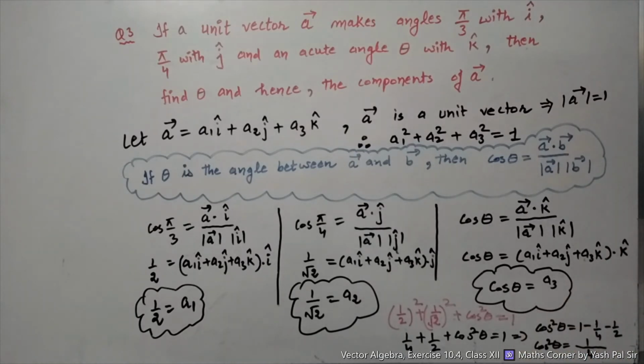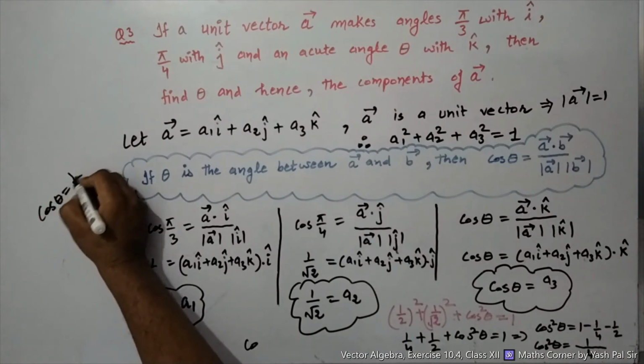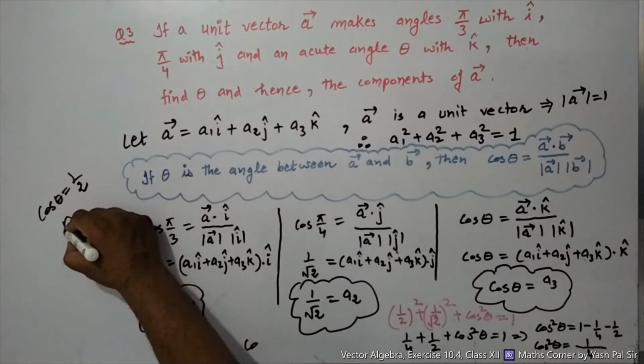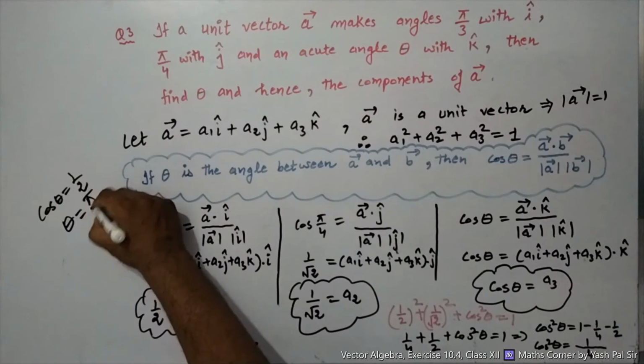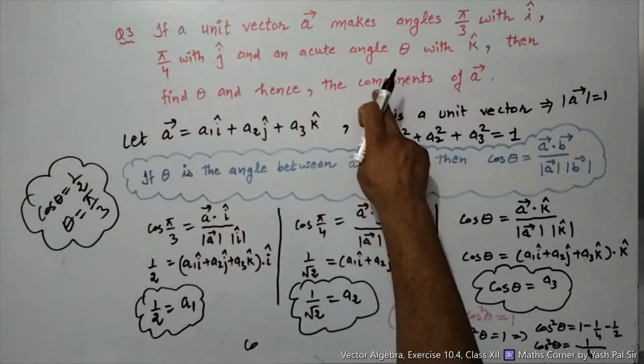So cos square theta value: 4 is the LCM, 4 minus 1 is 3, 3 minus 2 is 1, so 1 upon 4. Therefore, lastly, cos theta is equal to 1 upon 2, because theta is an acute angle. So we can say theta is equal to pi by 3.